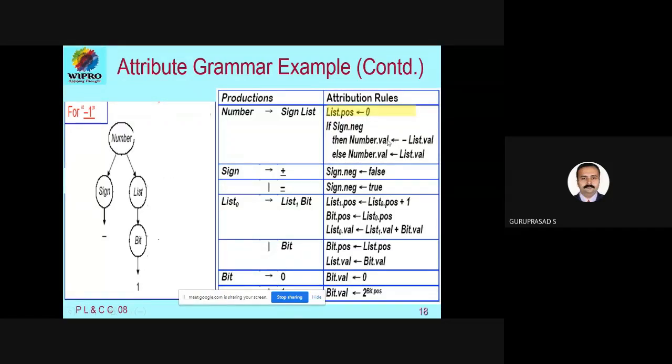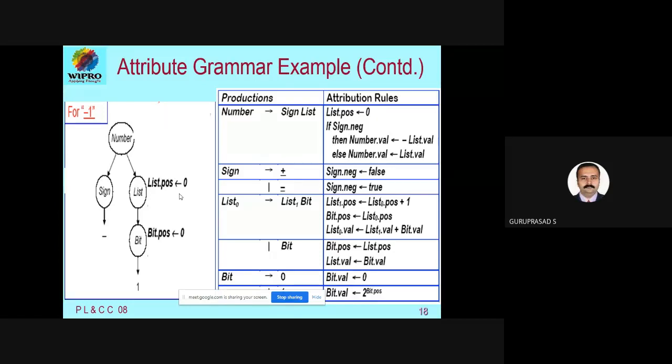The first semantic rule to apply: when number is producing sign and list, we should make list dot position equal to 0, right? Then when list is producing bit, bit dot position is equal to list dot position, right?